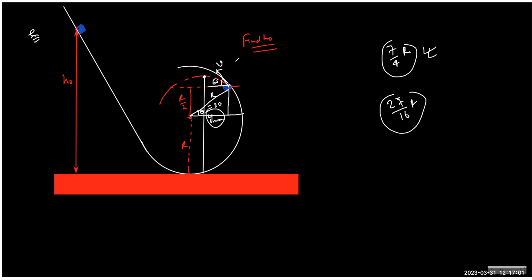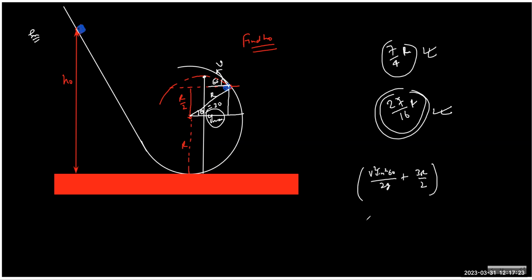I'm getting root of GR, 27R by 16. So what is the maximum height from that point? V square sine square 60 upon 2G, plus 3R. Is that the answer, right?